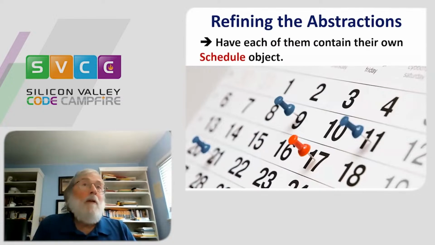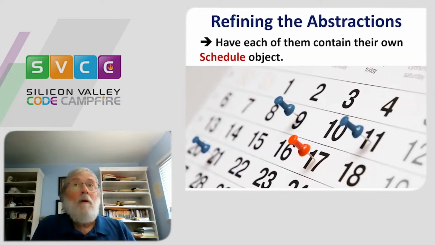And in this particular case, it makes the most sense to have every object contain its own schedule object. So the schedule object doesn't even apply necessarily to the enrollment application. This is an application that knows how to merge two schedules, how to subtract out one schedule from another if the course is dropped, knows how to do all of that without knowing that much about our application.